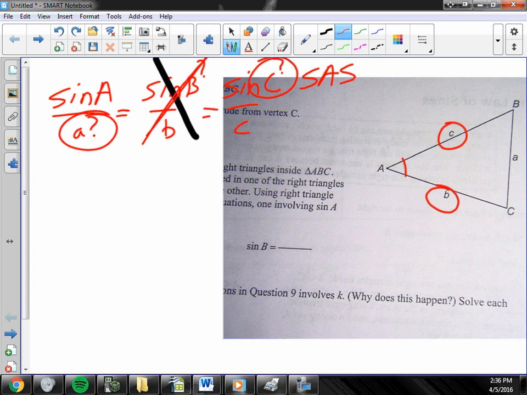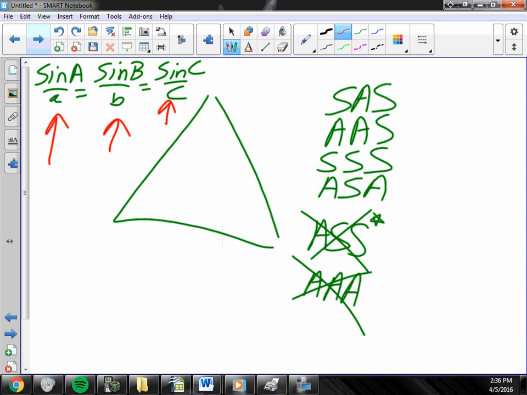Now there's another formula using cosine that we'll learn later, and that one will work for side angle side. So if we go back to this page, this one will work, but not the law of sines. So today, if you're given side angle side, you can guarantee that the triangle is unique, but you cannot use the law of sines to figure out what the missing information is.